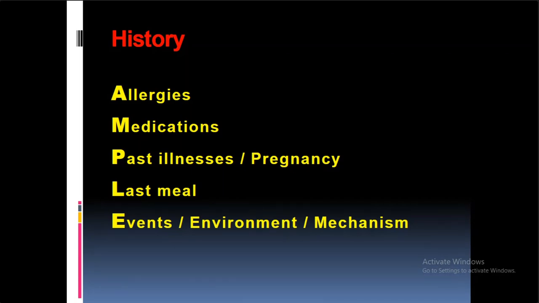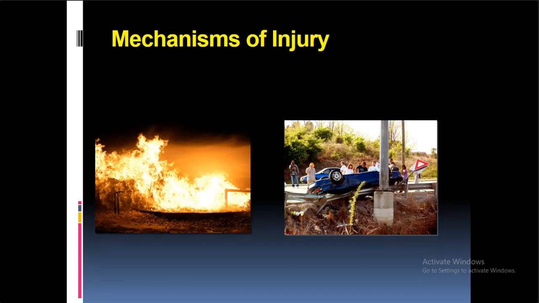So we call it AVPU. While in the secondary survey it is a little bit extended, so we call it AMPLE. The mechanism is as present: either a fire, an accident, frostbite, cold injury, water injury, and what happened.